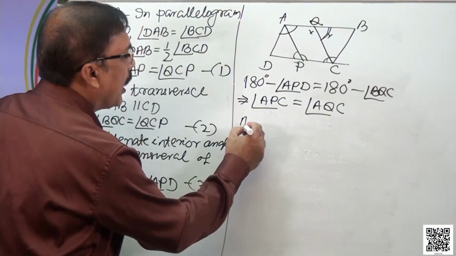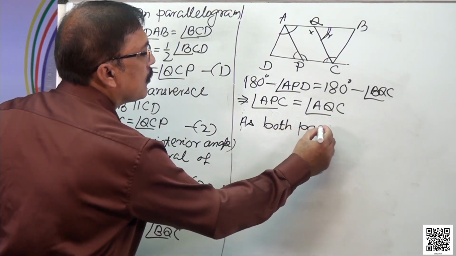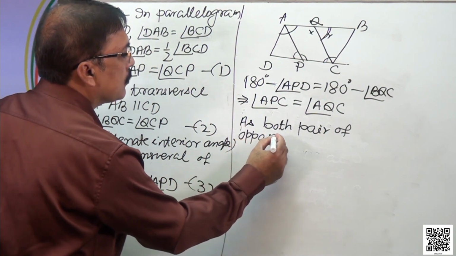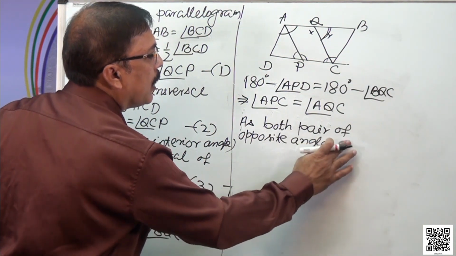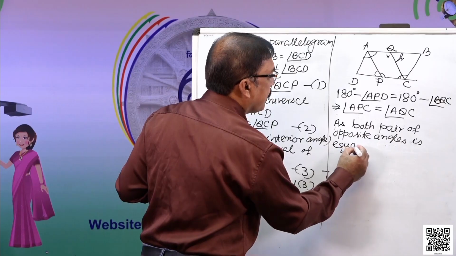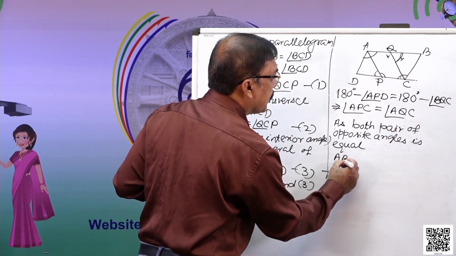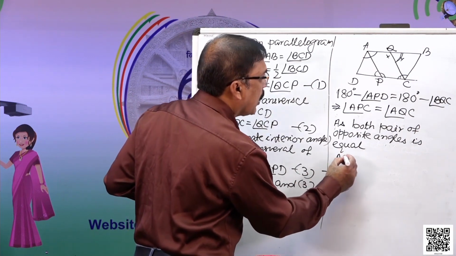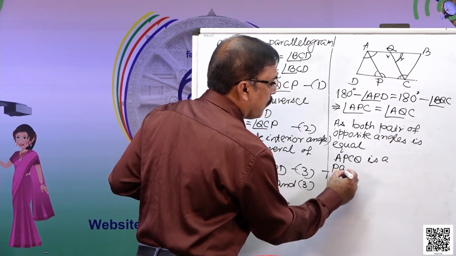So we can write that both pairs of opposite angles are equal. So APCQ is a parallelogram.